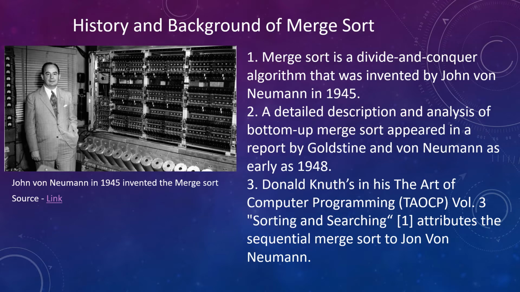A detailed description and analysis of bottom-up merge sort appeared in a report by Goldstein and von Neumann as early as 1948, when he first wrote a report on it with Goldstein. Apart from that, Donald Knuth, in his book The Art of Computer Programming, volume 3, Sorting and Searching, attributes the sequential merge sort to John von Neumann.